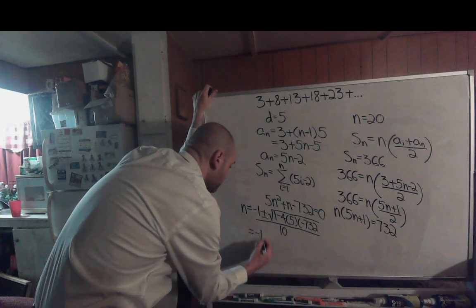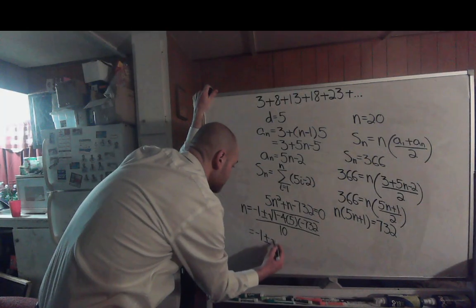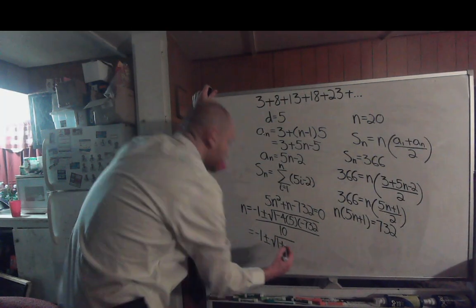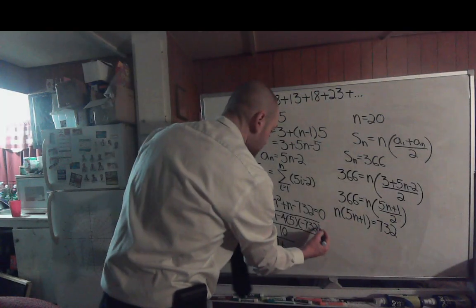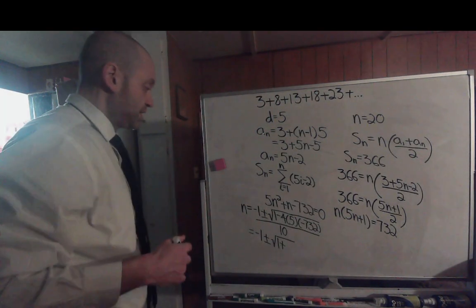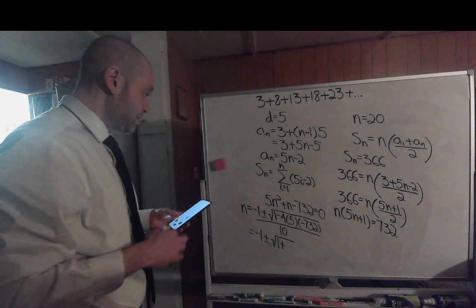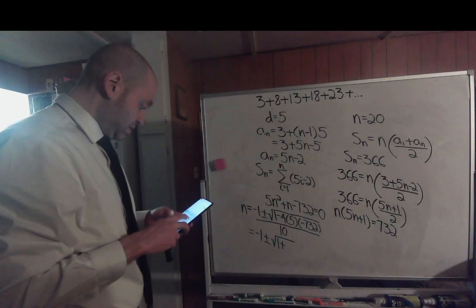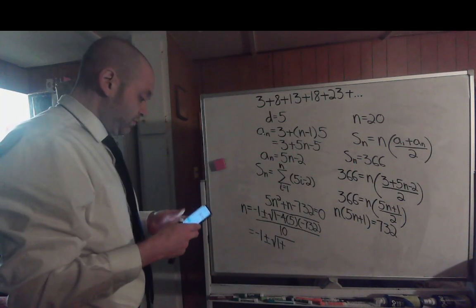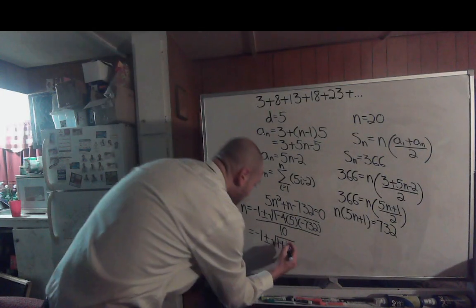So that's going to equal negative 1 plus and minus the square root of 1 plus, let's see what this is all about, 14,640.